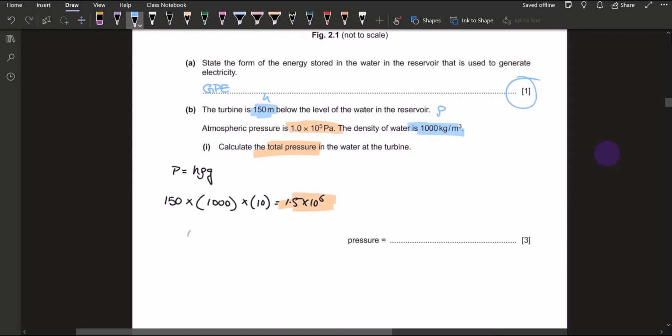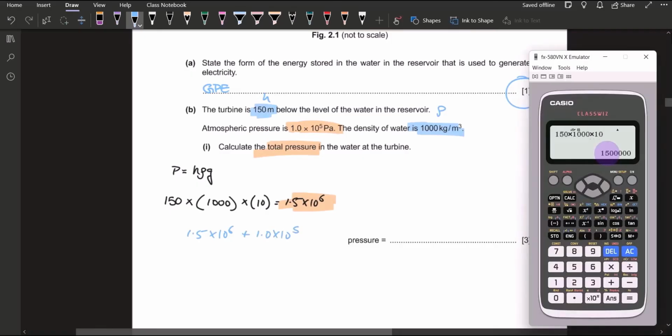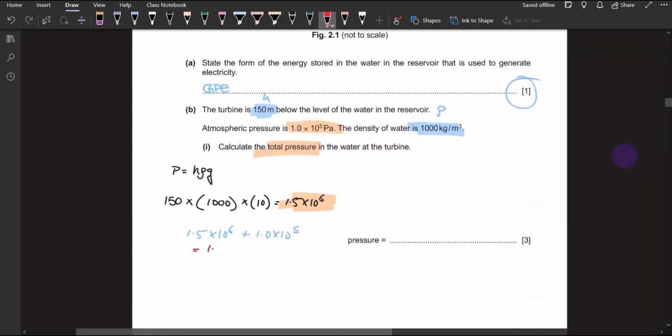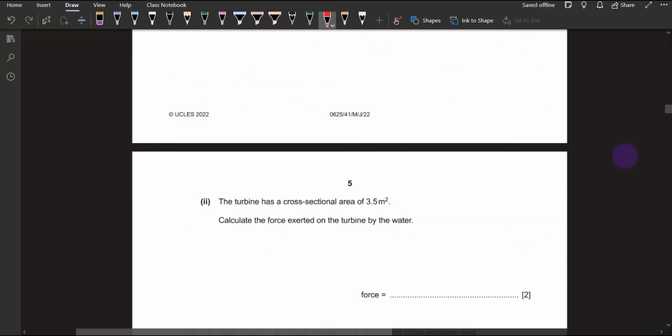So it's going to be 1.5 into 10 raised to the power 6 plus 1.0 into 10 raised to the power 5. We add them, and we get 1.6 into 10 raised to the power 6. So our final answer is 1.6 into 10 raised to the power 6. And don't forget to add your units, which for pressure is Pa, and you'll get 3 marks for this.